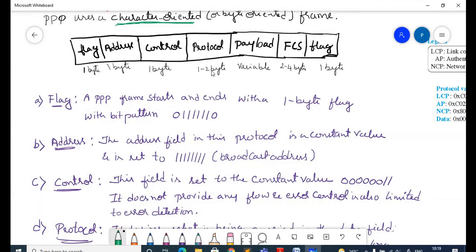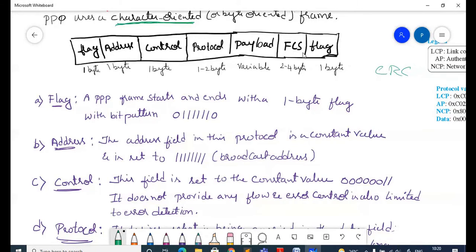Then the payload is nothing but user data or information. Then 2 to 4 bytes for FCS, the frame checksum. It is similar to CRC, cyclic redundancy check, but here it is termed frame checksum. Extra bits are added here for detection of errors.